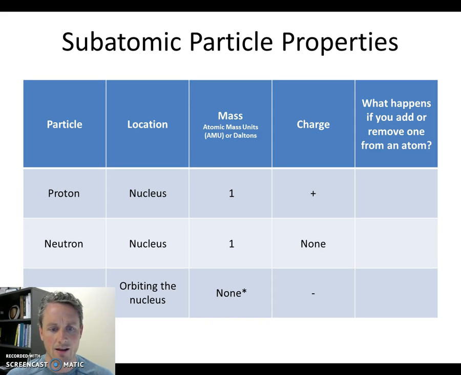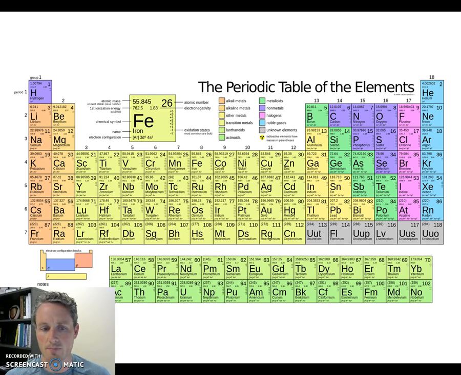But let's look at all the different kinds of atoms that exist and how we can use this information. So here's a copy of a periodic table of the elements. I just grabbed one off of the internet. They're super easy to find, right? But they're all organized in the same way. They all have hydrogen up here in the upper left-hand corner. And then we go read across and we get to helium, then lithium, beryllium, boron, carbon, nitrogen, oxygen.